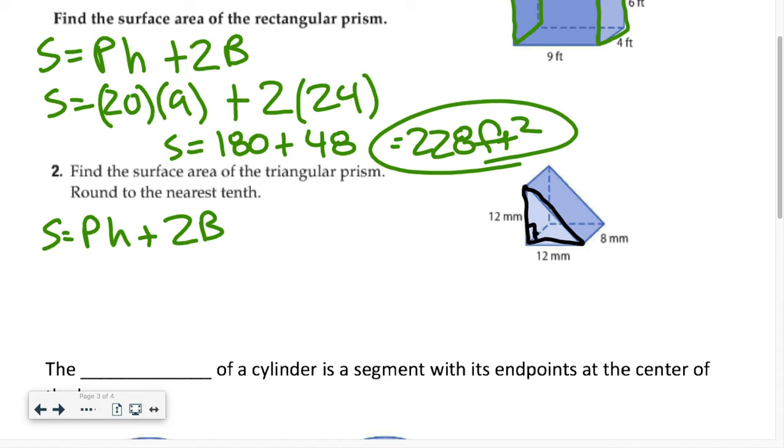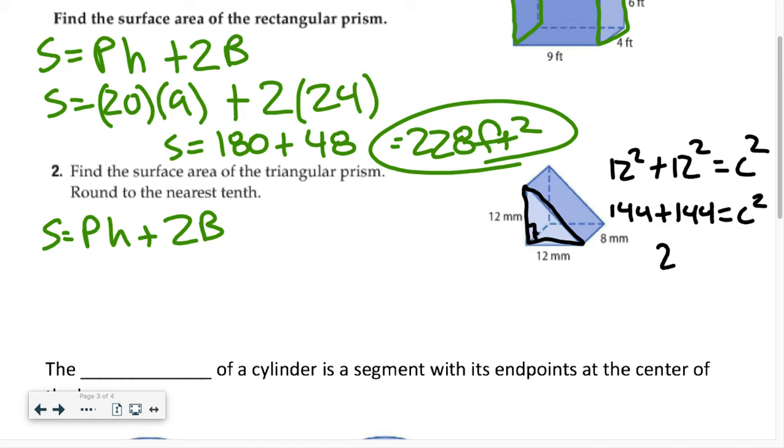To find the measure of the hypotenuse, which we will because we need the perimeter of the base, we go, 12 squared plus 12 squared equals c squared, hypotenuse squared. So 144 plus 144, so 288 equals c squared. The square root of 288, 16.97, would be the hypotenuse of that right triangle.